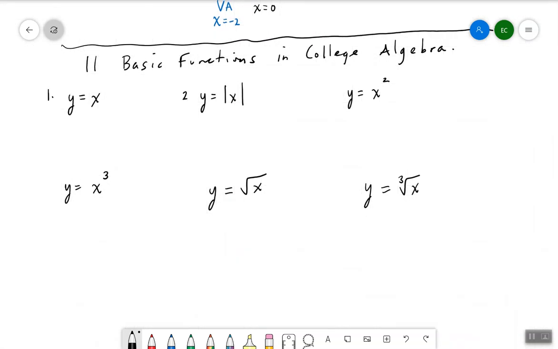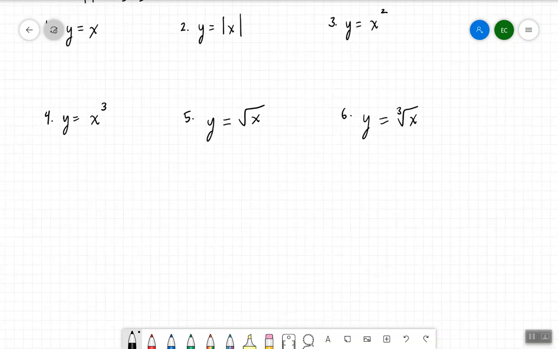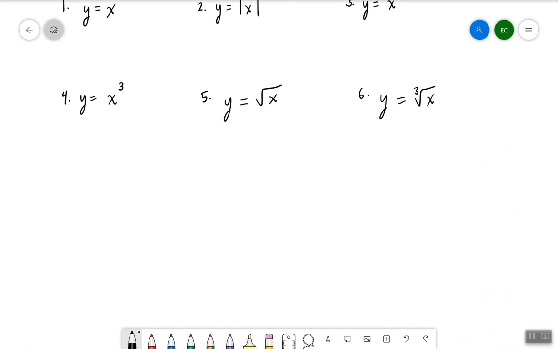Those were the first 6 that we learned in chapter 2. And then in chapter 3, we learned about y equals 1 over x and y equals 1 over x squared. And now here in chapter 4, we learned y equals a to the x, where a is greater than 1.